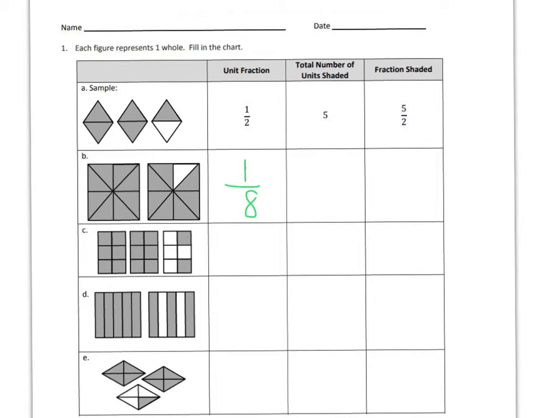The total number shaded, let's count them and see. 1, 2, 3, 4, 5, 6, 7, 8, 9, 10, 11, 12, 13, 14, 15. There's 15 shaded. So I would write 15. The fraction shaded, well, there's 15 shaded out of the whole, which has 8.